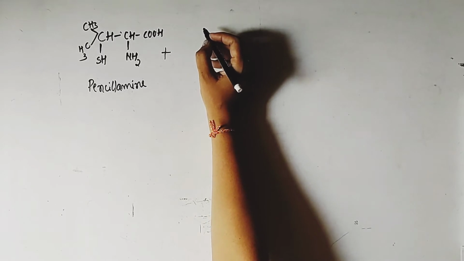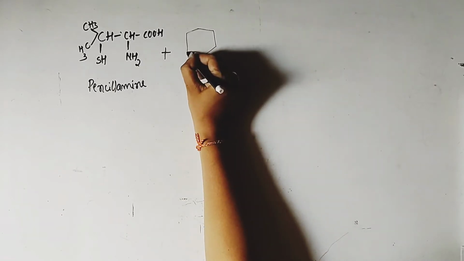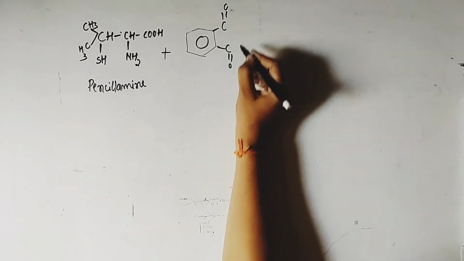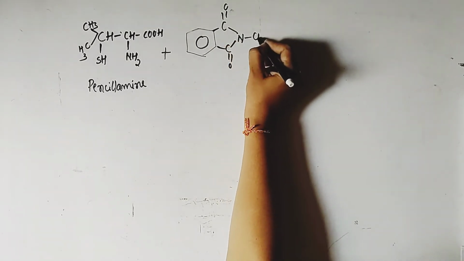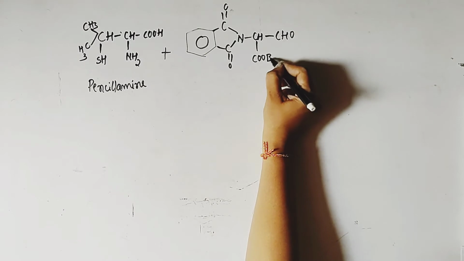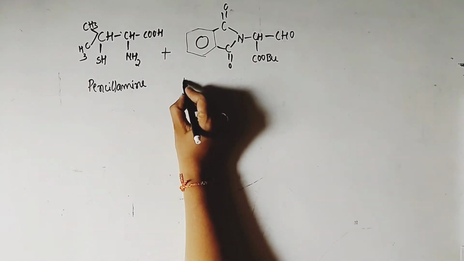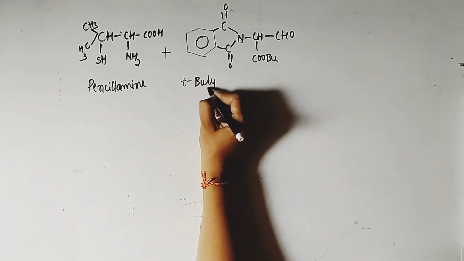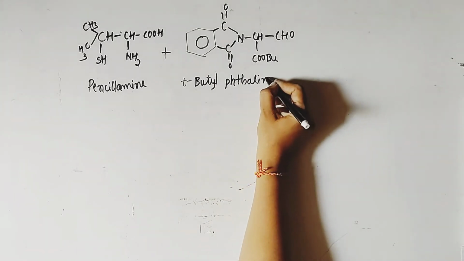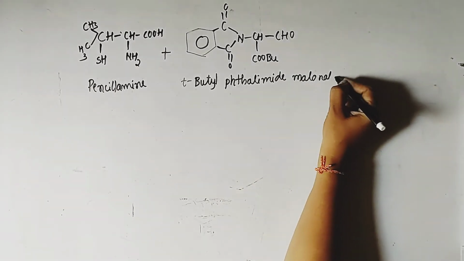That is tertiary butyl CON, CHCHO, CO-Bu, where Bu means tertiary butyl. This whole compound is called tertiary butyl phthalimide malonaldehyde.